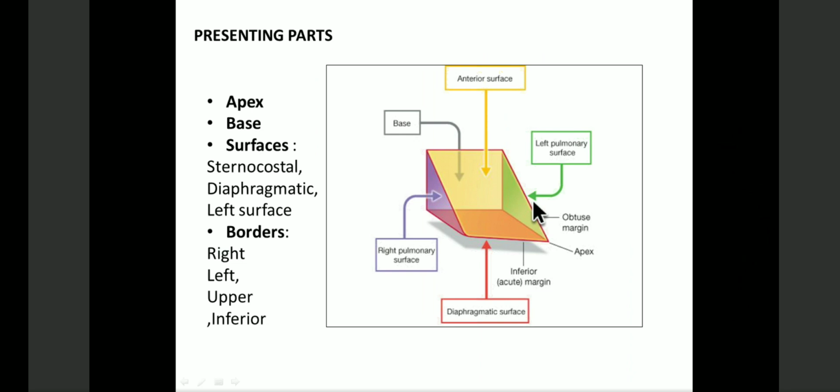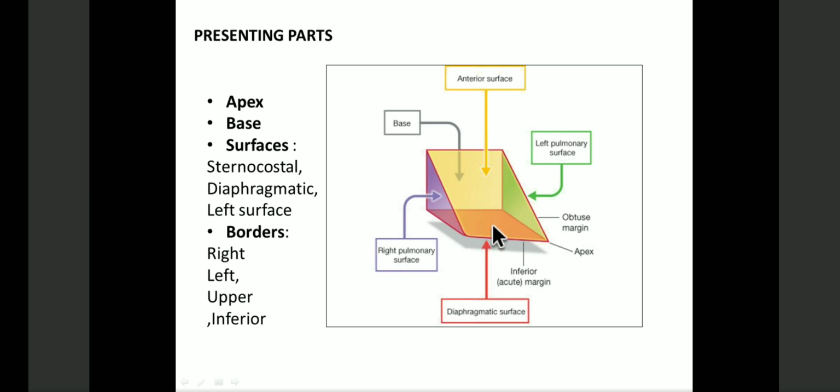If you look at this, imagine a conical structure. Let's imagine the surfaces and borders of the heart. This is the apex, a cone which is open over here. This is the surface inferiorly, which is in relation with the diaphragm.